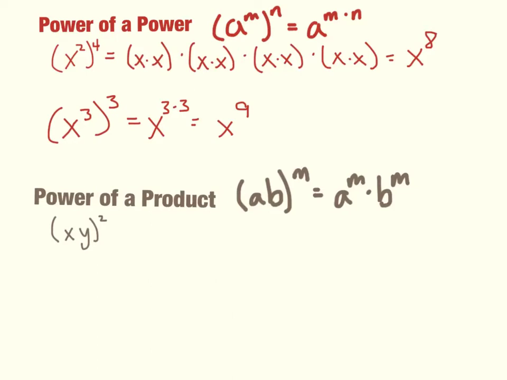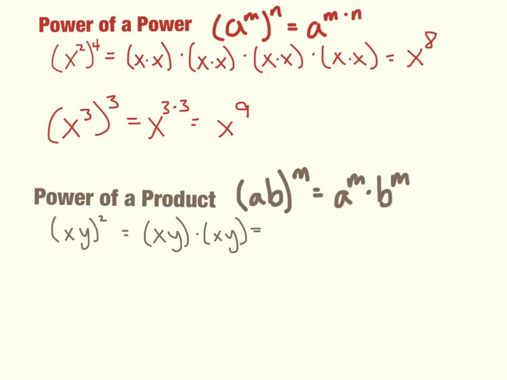Power of a product is whenever we have two things or multiple things inside of the parentheses. All that happens is that whatever it's all being raised to, everything gets that exponent. So a times b to the m becomes a to the m, b to the m. Okay, so let's look at why that happens. xy squared means xy times xy.